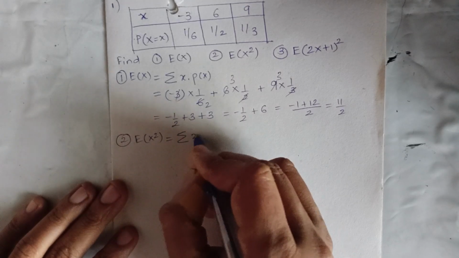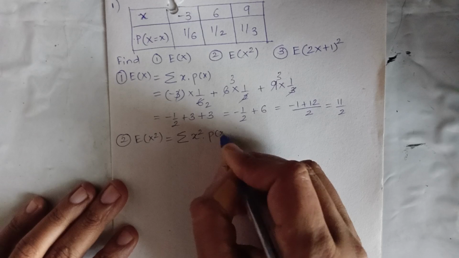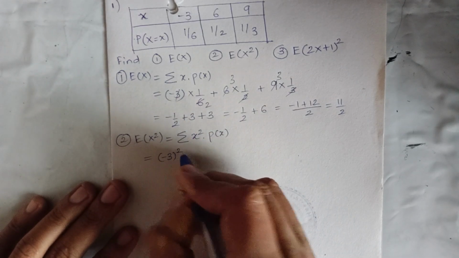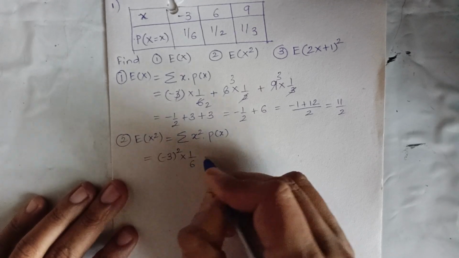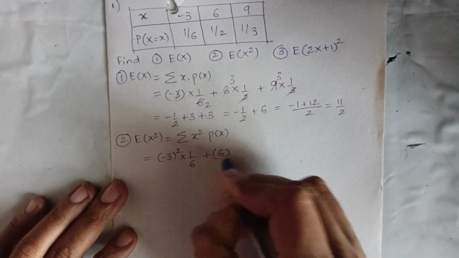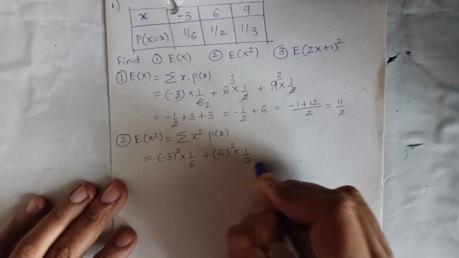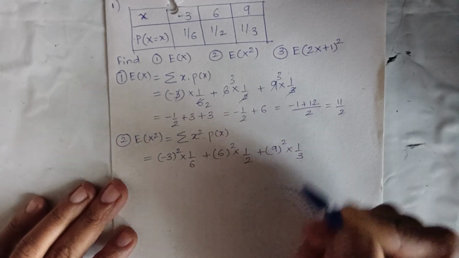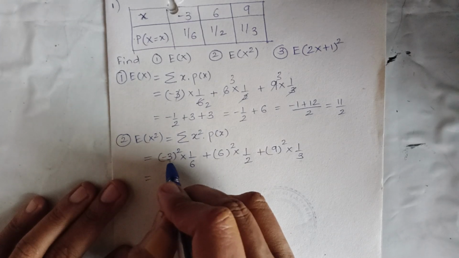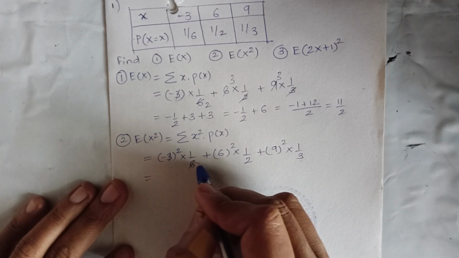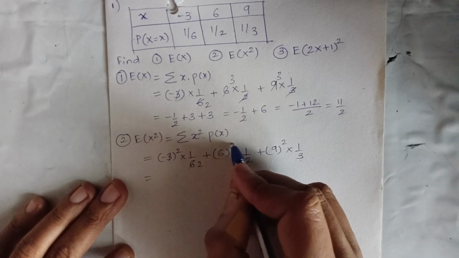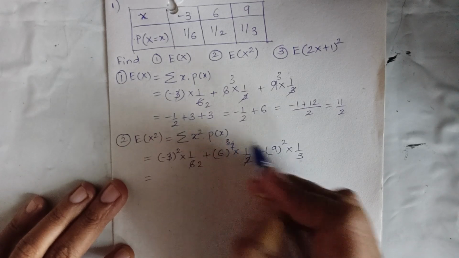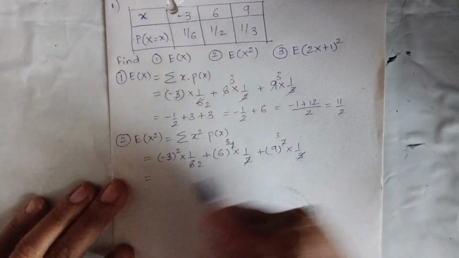Next is E(x squared). So summation x squared into p(x). Minus 3 squared by 6. One of the three you can take and cancel. So 3 twos are 6, 2 threes are 6, 3 threes are 9.